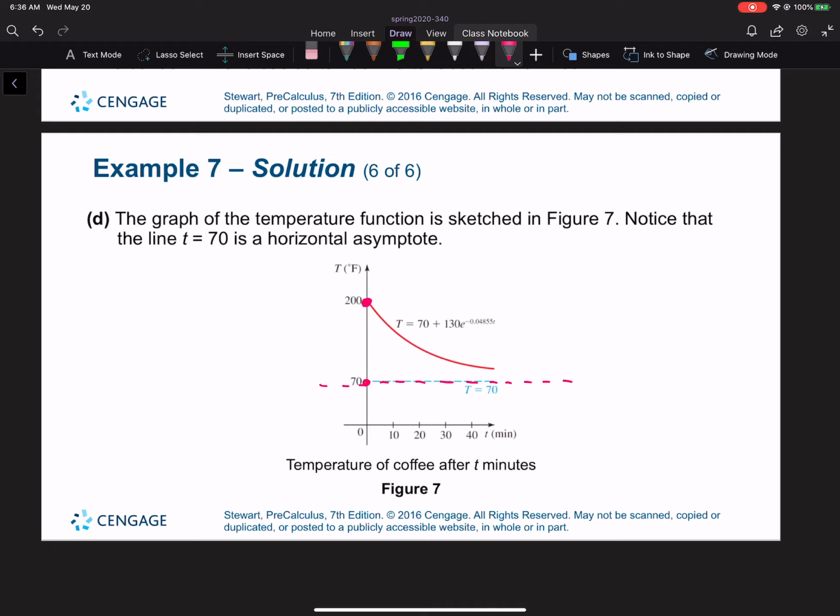But based on the problem, it stays above the 70 line until the room temperature and the coffee temperature are the same, and then it will cross if the coffee becomes cooler than the surrounding temperature.